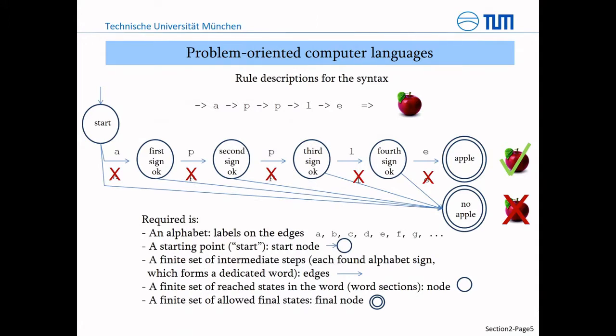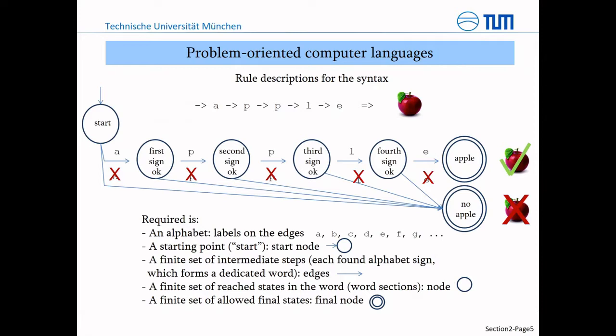This alphabet are in principle the labels on the edges or on these transitions. So in my case, lowercase characters. Then we have a starting point, which is represented with this circle and an incoming arrow. So the start node. Then we have a finite set of intermediate steps or states or nodes.